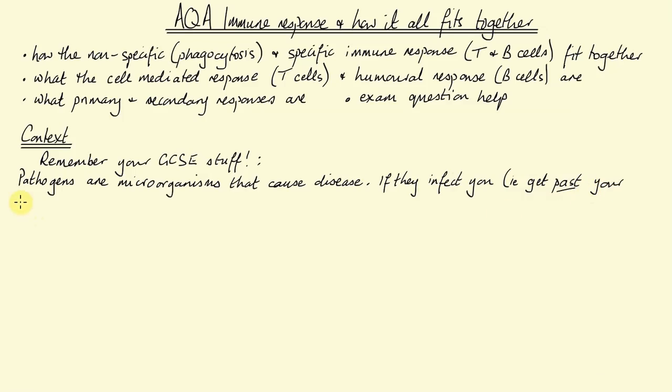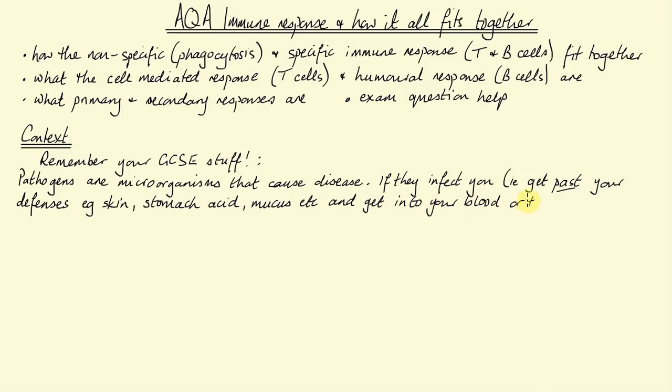Your natural defences are your skin, your stomach acid, your tears, your mucus, etc. And infection means that they get past those defences and get into your blood and your tissue fluid. And their actions cause the symptoms of the disease.